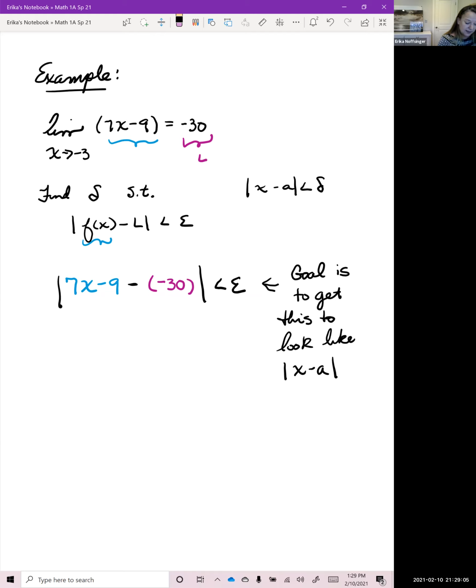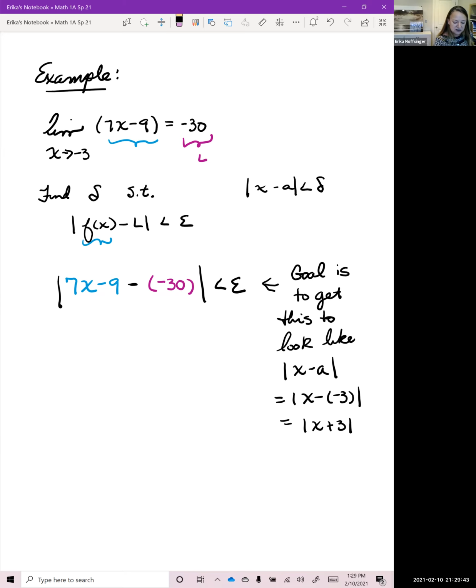In our case, our a value is this -3, which is equal to x minus the -3, or x plus 3. So we're going to manipulate this absolute value to look like x plus 3. Once we're able to do that, whatever is on the right-hand side of the inequality is what we're going to choose delta to be.